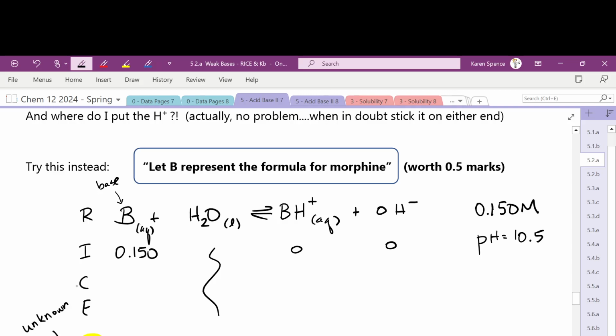So can my change in concentration, remember the C stands for change in concentration, also be an unknown? Can you have two unknowns in one equation and solve the problem? No, you cannot. So if this is unknown, then this one has to be known.